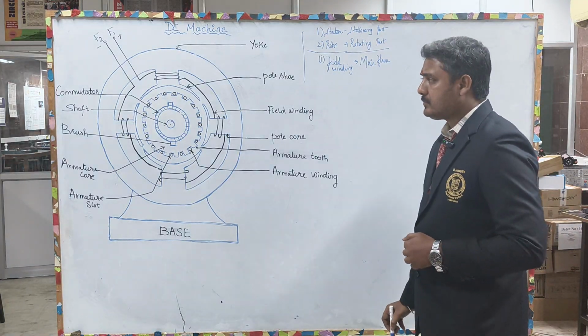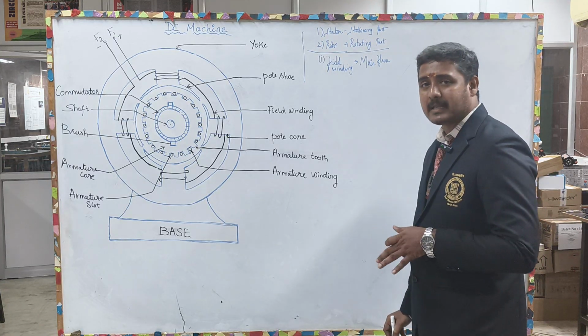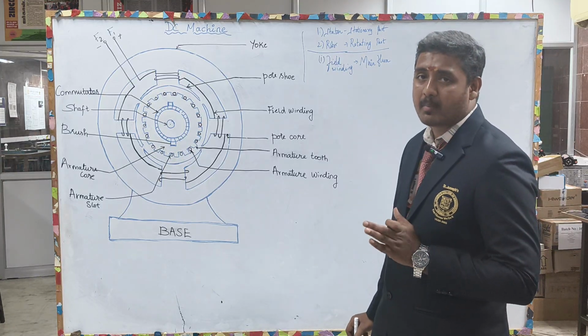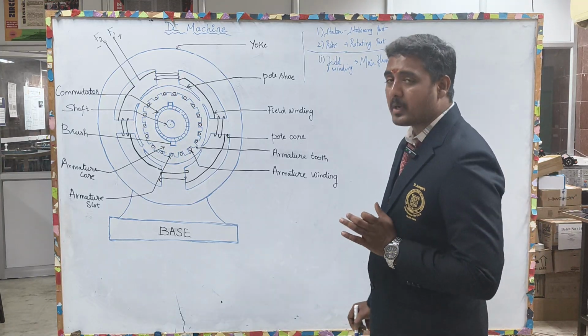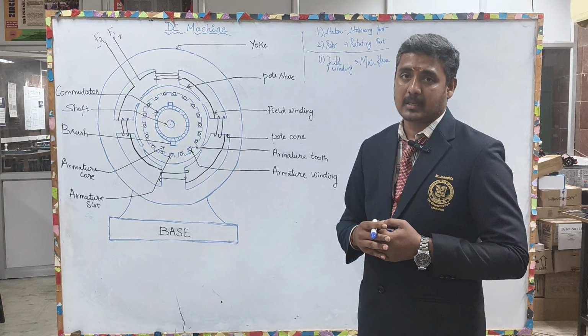And now we are going to give a supply to the field winding. The field gets excited. Excited means the magnetic property is produced in the pole core and pole shoe, and that will link the armature conductors.